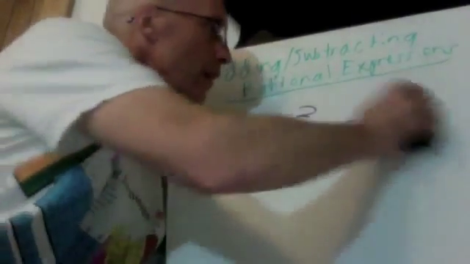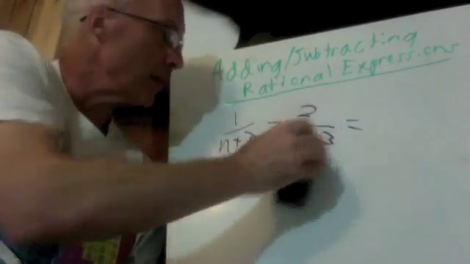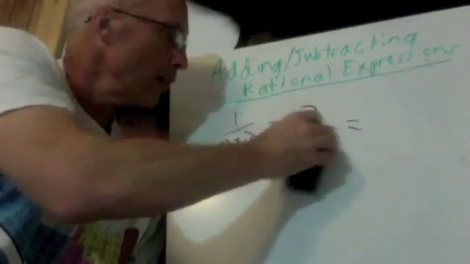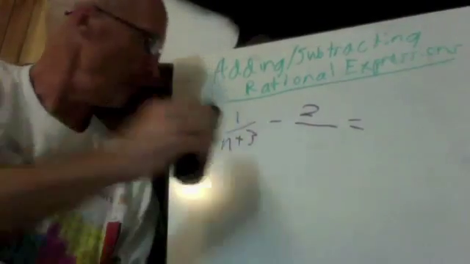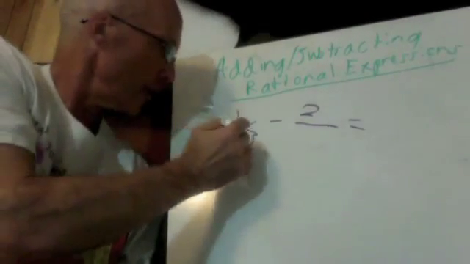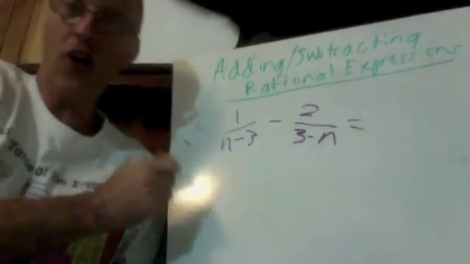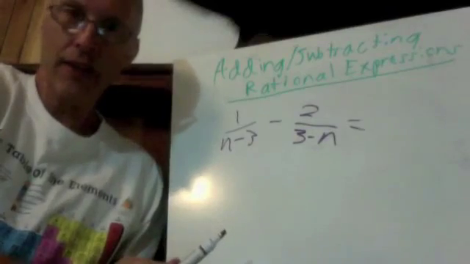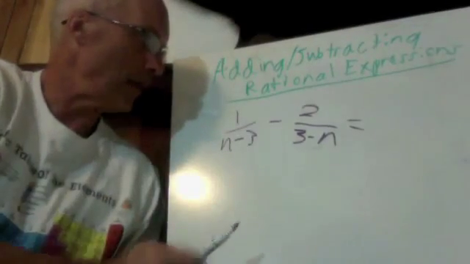Sometimes there's going to be almost a common denominator. What if instead of n plus 3, sorry, let's do minus here. Let's just change this up a little bit. If it was n minus 3 and this one was 3 minus n. Well, you can see that they're almost common denominators, except one is basically the opposite.